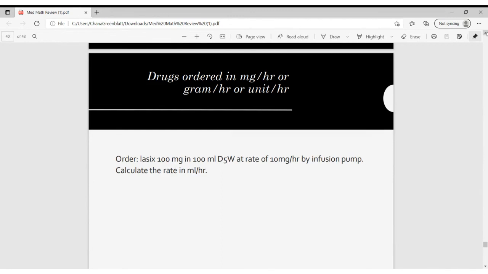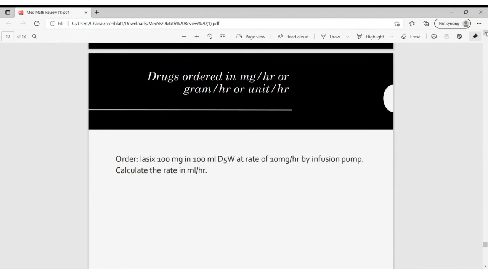But the way I am going to configure this is that I know in my head that the pharmacy has told me that 10 milligrams per hour is the appropriate ratio for this medication to be given to the patient.